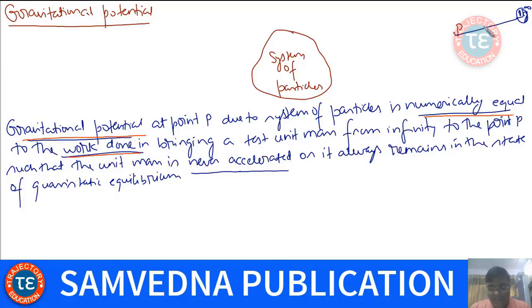That means when you bring this unit mass of 1 kg, it is going to experience a gravitational force in this direction. This system of particles is going to pull this 1 kg mass in this direction, right?